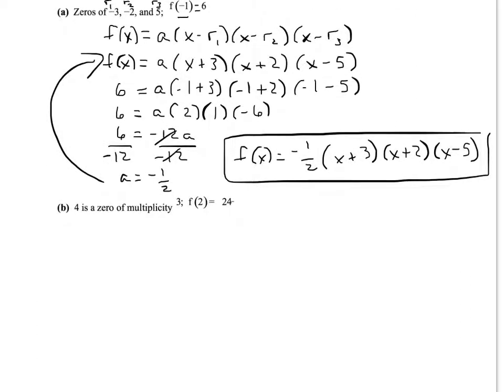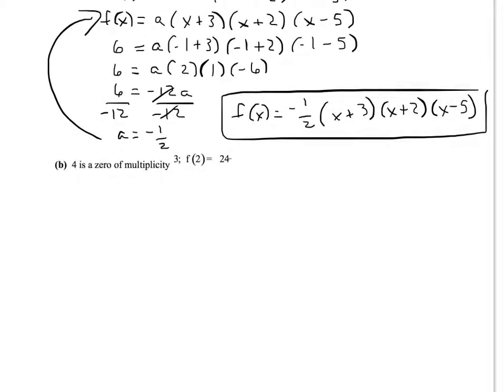Now, the last example we have simply says that 4 is a 0 of multiplicity 3. Now remember, I told you sometimes we end up with zeros that occur more than once. In other words, the parentheses are going to match 3 times on this because we have 3 different parentheses where the 0 is going to be 4.